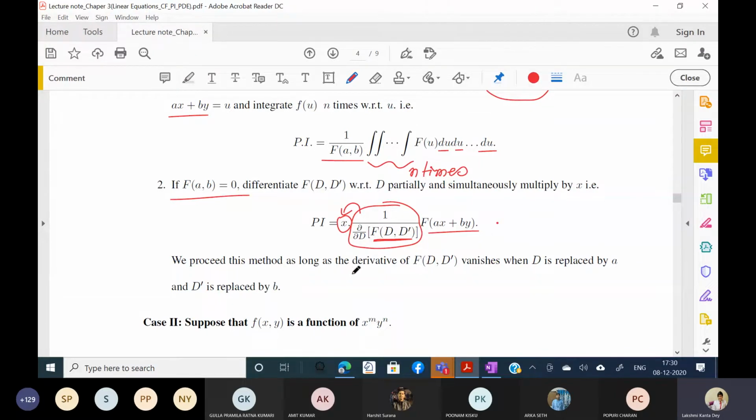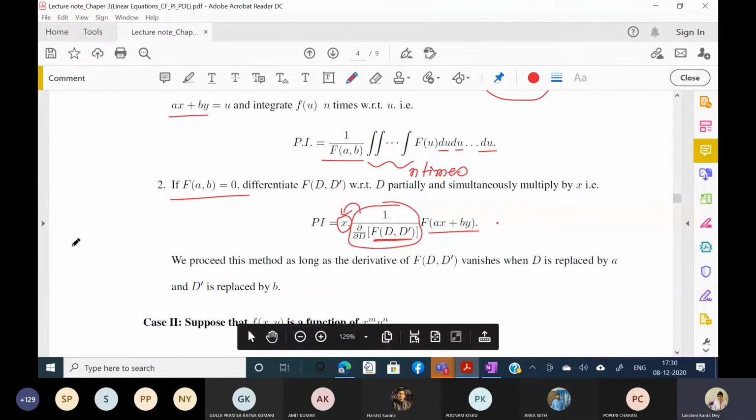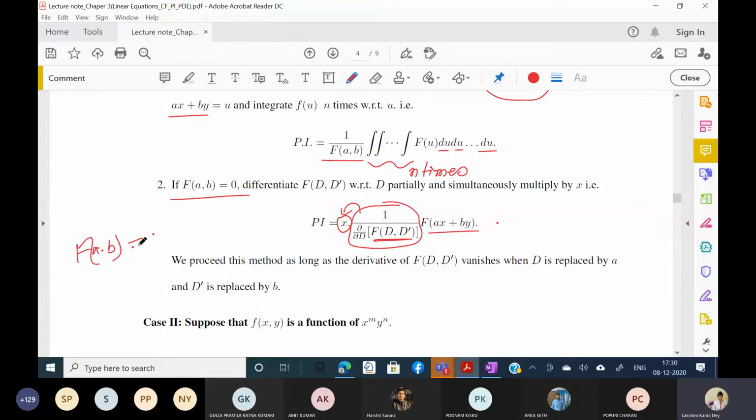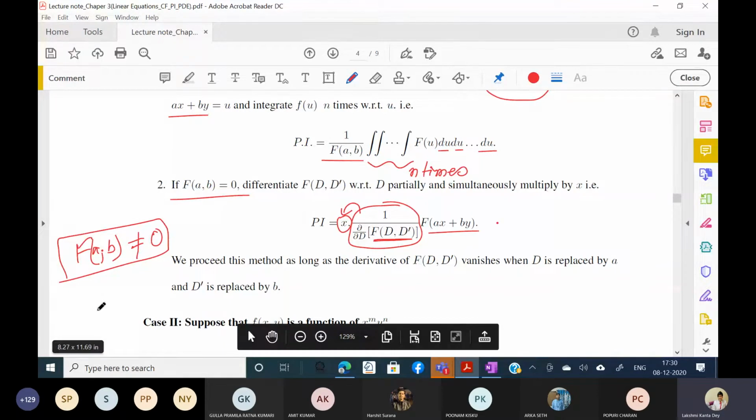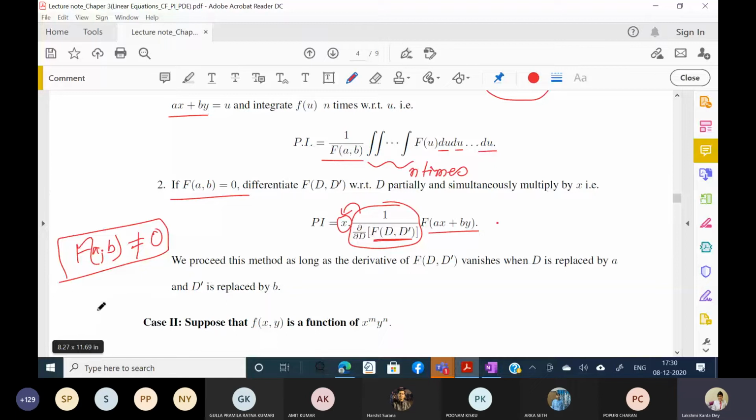Until F(a,b) is not equal to 0, until it becomes non-vanishing. For one time differentiation, we multiply x once on the left hand side. Similarly, for two time differentiation, we multiply x square, and in this way. So this case is also taken into consideration.